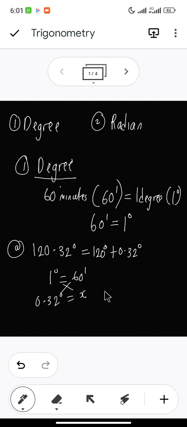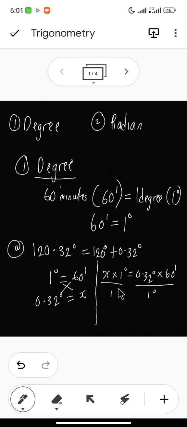So we cross multiply and we'll figure out that x times 1 degree gives you 0.32 degree times 60 minutes. Divide both sides by 1 degree. You can see that x gives you 0.32 times 60 minutes, because the degree is going to cancel out.